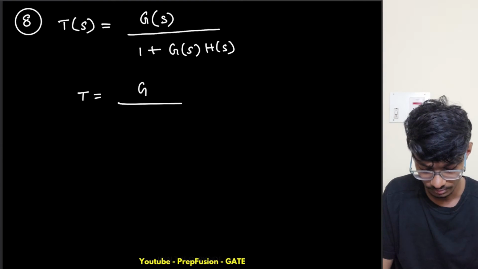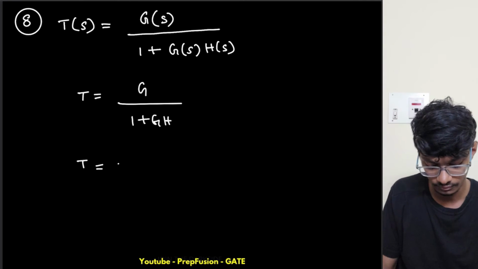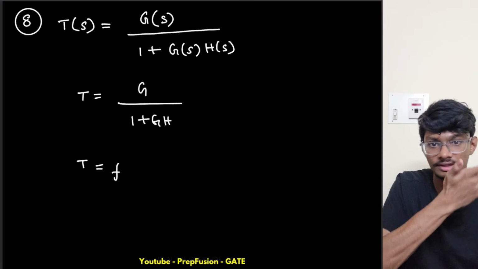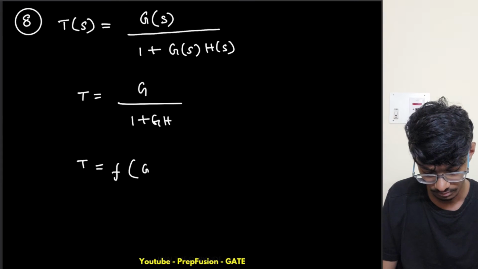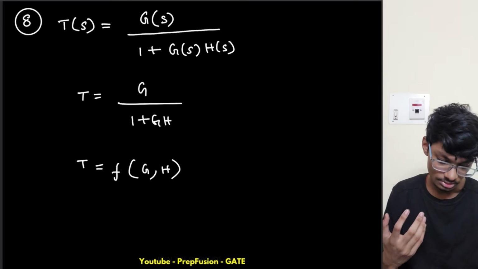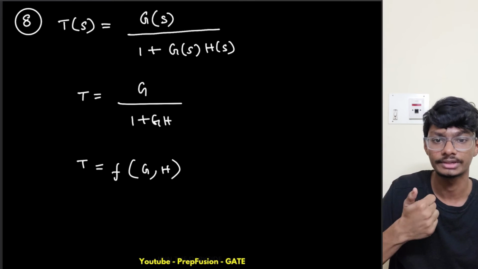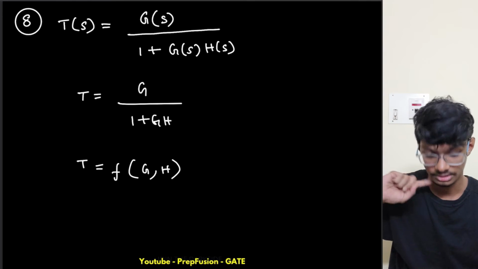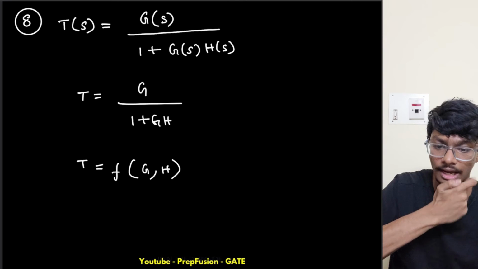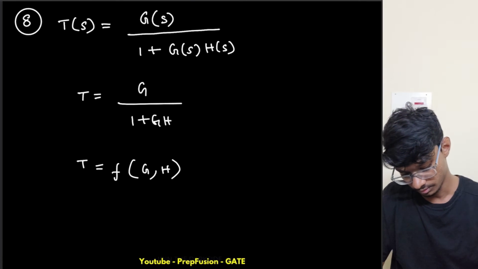So it is G upon 1 plus GH. Our transfer function is a function of both the forward path gain and the feedback path gain, so T is a function of G comma H. Now we will find the sensitivity of this transfer function with respect to the forward path gain and with respect to the feedback path gain. This is the question, right?